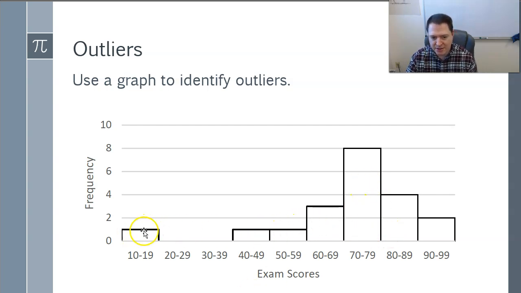Now, if I look at this histogram, the thing we've been using to identify distribution shapes, I see that most of our values are between 40 and 99, with just this one bar right here between 10 and 19. And notice the separation: there's literally nothing in between. That's telling me that this is far away from the other values.